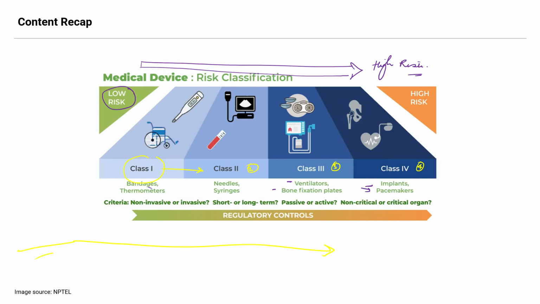So, depending upon invasive, non-invasive, duration, long or short, passive or active, and critical and non-critical, the regulatory controls also increase as we move from low risk to high risk. We suggested that if you are taking up entrepreneurship, it's better that you invest more in low risk devices.